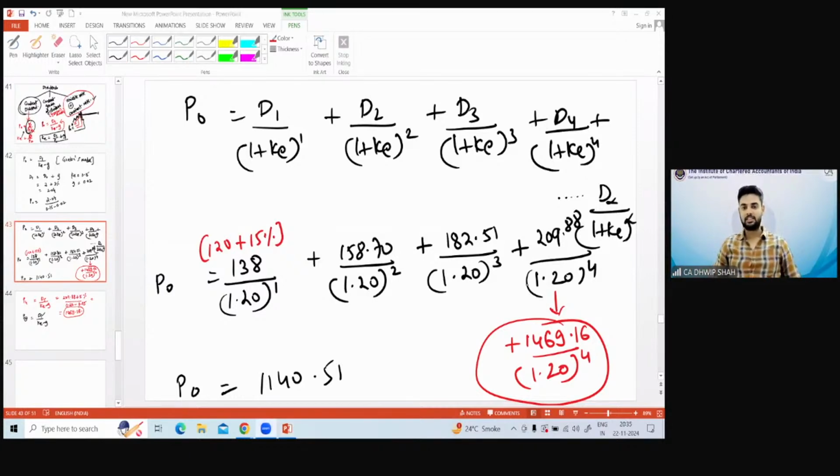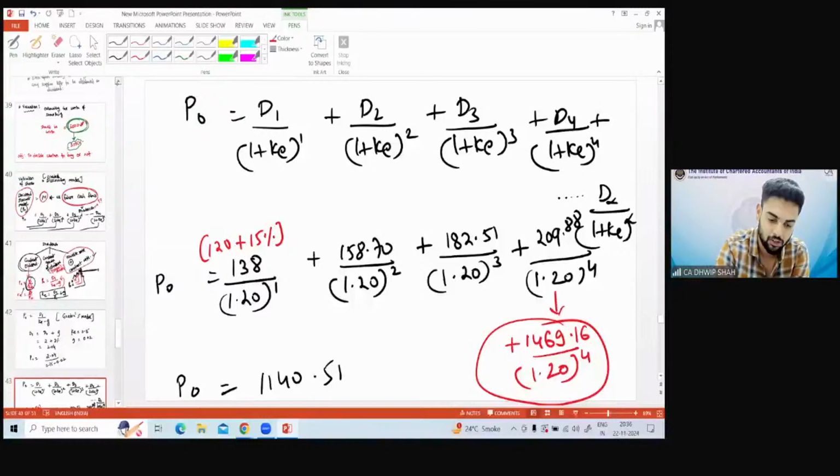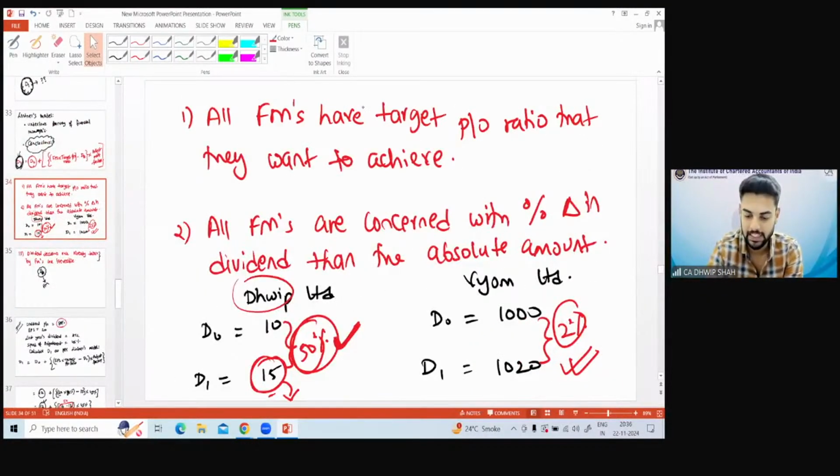Okay? So with this, let's end today's session. We covered the approach, Lintner's model, the residual approach, and we also understood the relevant portion of valuation concept, only that aspect which is relevant at CA intermediate level. Okay? Any doubts? Lintner's approach has 3 conclusions. First, every financial manager has a preset target payout ratio.